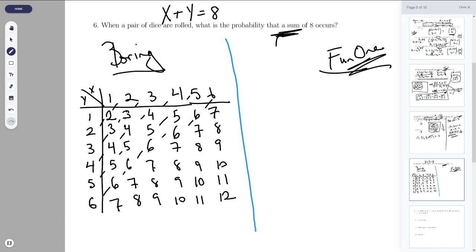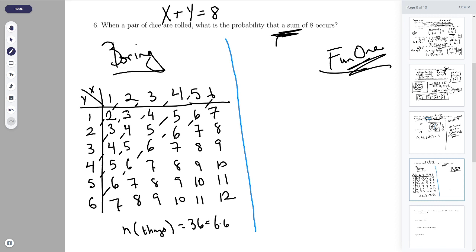So if I ask you, what's the probability that a sum of 8 occurs? Well, how many total possibilities are there? As it turns out, the total number of possibilities is equal to 36, because it's just 6 times 6.